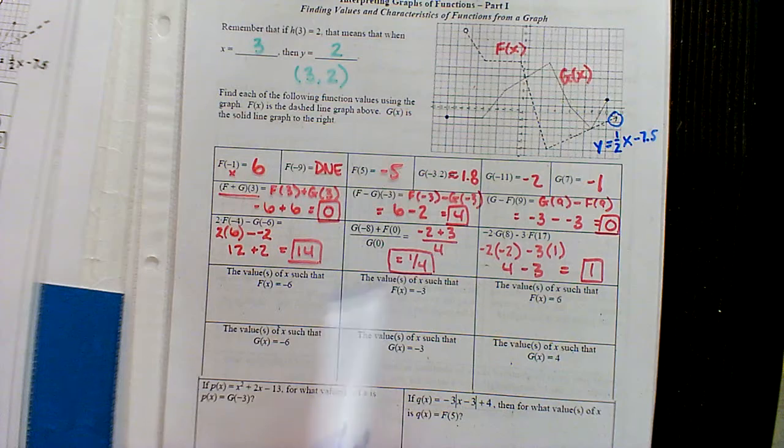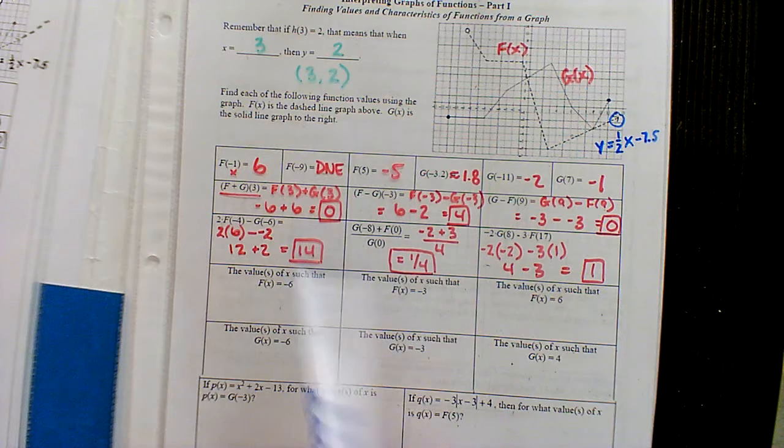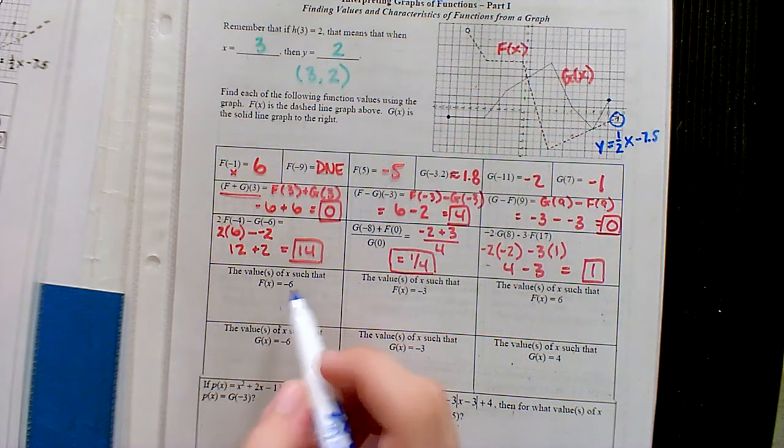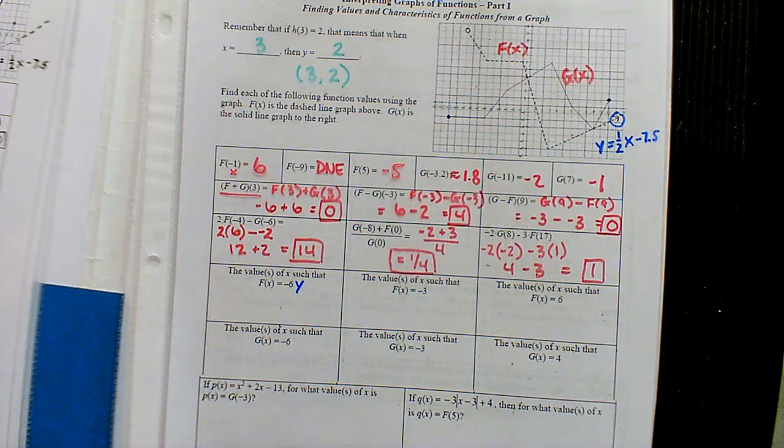All right, so let's switch things up a bit. In our next row, this time we're going to find some x values. All the ones we were doing before were y values, so we're going to switch it up. We got to figure out when the y value is -6, what is the x value on the f graph.